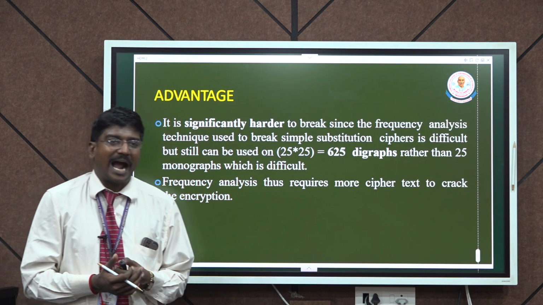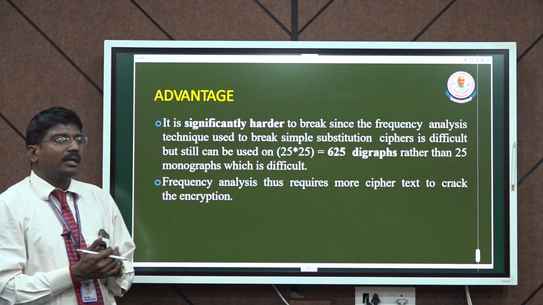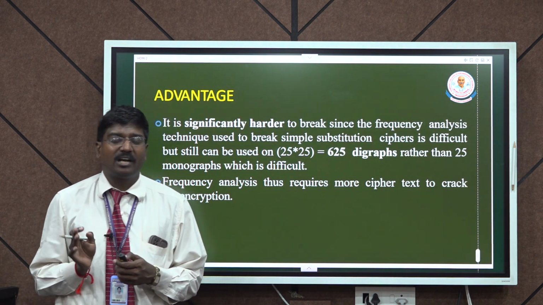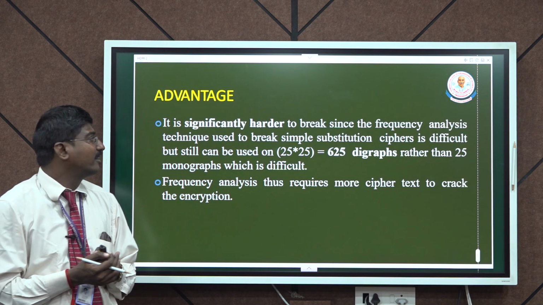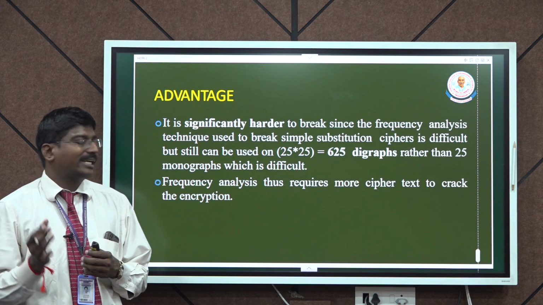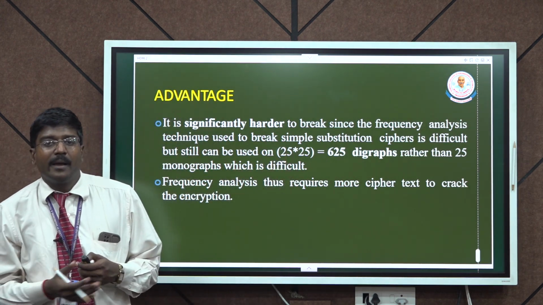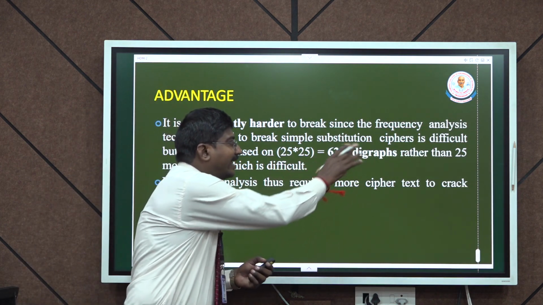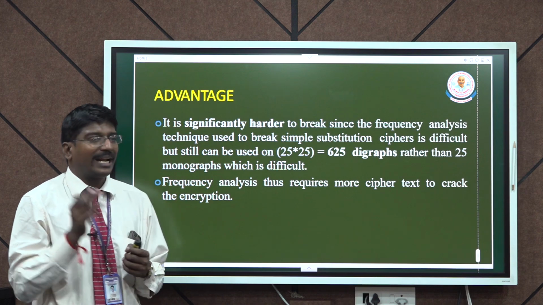And what are the advantages of the Playfair cipher? First, it is significantly harder to break since frequency analysis is harder. It is a substitution cipher, but it considers 25 cross 25, totally 625 digraphs, rather than 25 monographs, which is difficult.